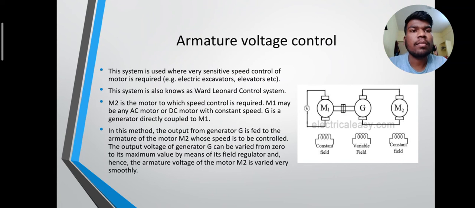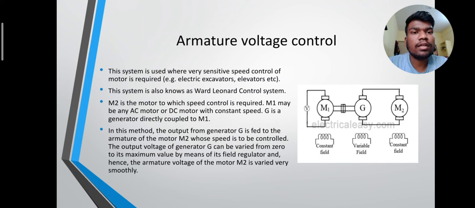Hello everyone, myself Suraj Bajrao Chavan, roll number 2156013. My point is armature voltage control. This system is used where very sensitive speed control of a motor is required, for example electric excavators, elevators, etc. This system is also known as the Ward-Leonard control system. M2 is the motor whose speed control is required, and M1 may be any AC motor or DC motor with constant speed.